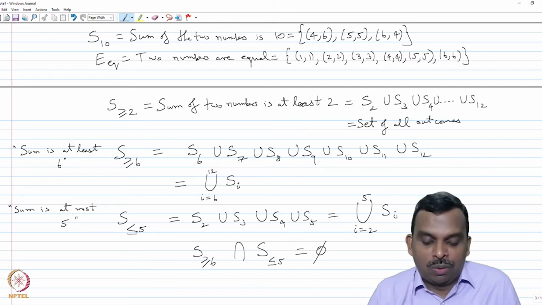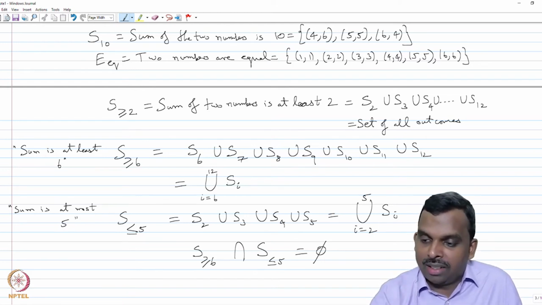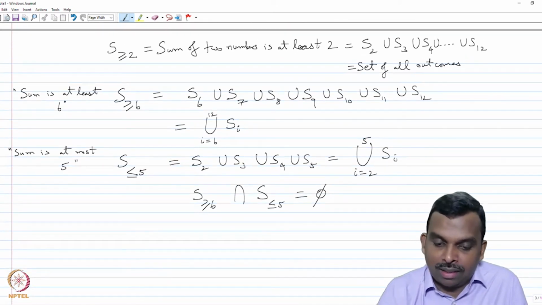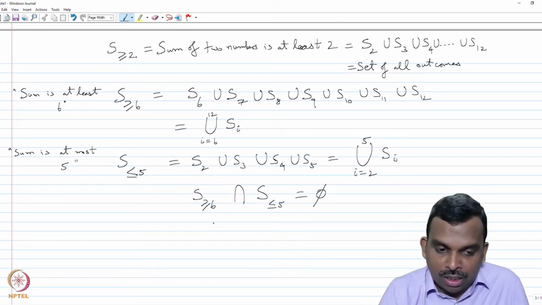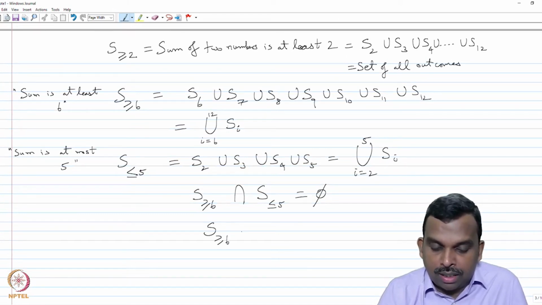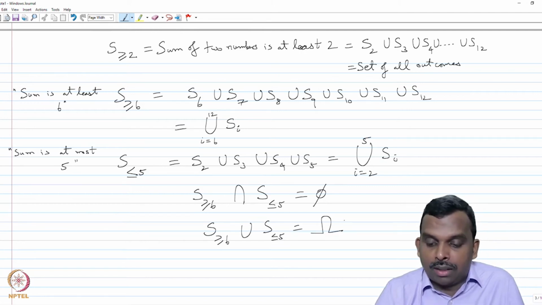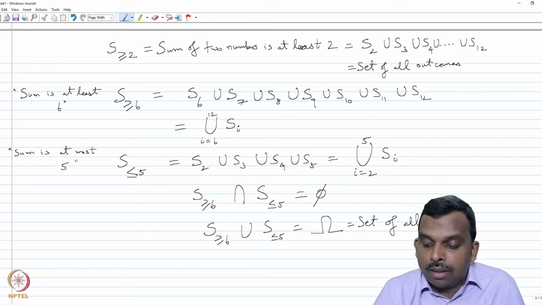Okay, so these two events we see clearly have a null intersection, and also interestingly, if you take a union of these two events, like I showed you before, S greater than or equal to 6 union S less than or equal to 5 will be the entire sample space omega. Okay, so this is the set of all outcomes. This is the standard notation for set of all outcomes that we have seen, the sample space.